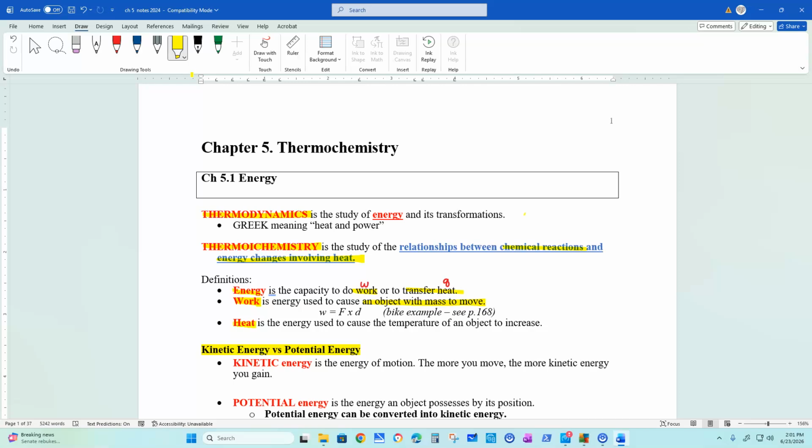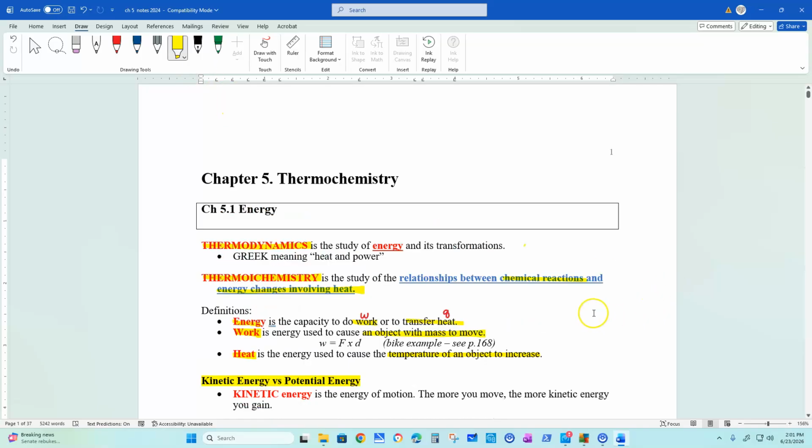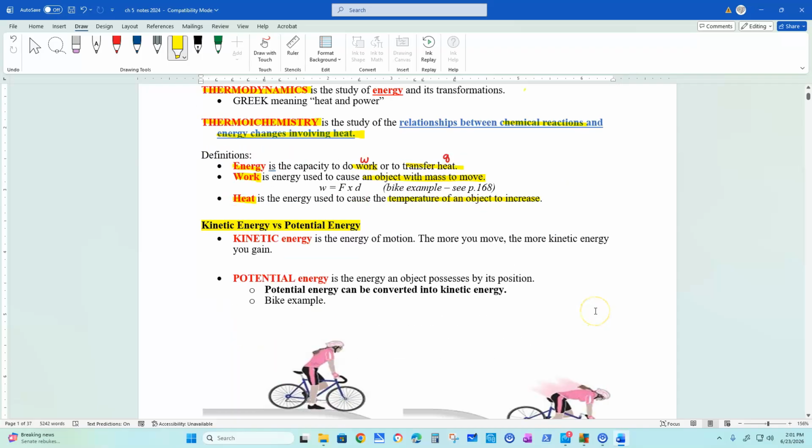Heat is the energy used to make the temperature of an object increase, but it could also decrease. So when we produce heat, obviously temperature is increasing, but when we produce coldness, the temperature would be decreasing, okay?